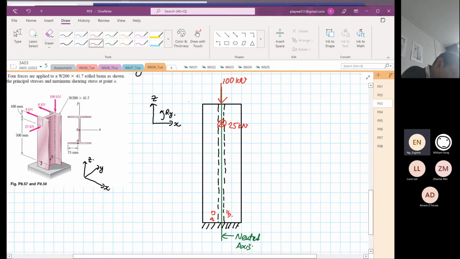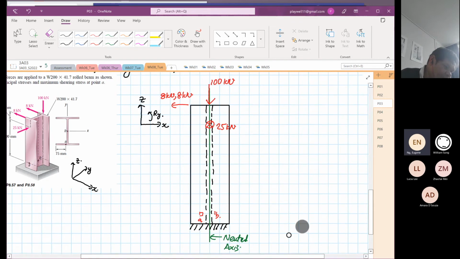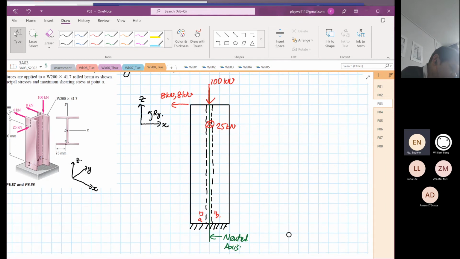And then we have another force coming in this direction, 8 kilonewton. The comma means you're aware that there are two of them. Now we are going to analyze the structure. The only forces we're going to look at are the 100 and the 8 kilonewton twice, and what they're going to do.